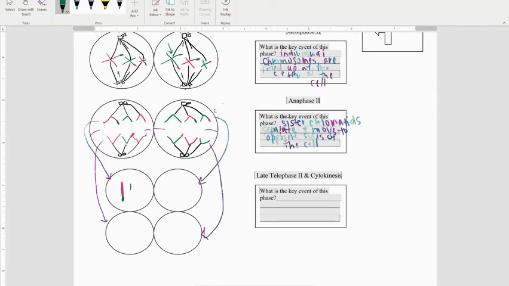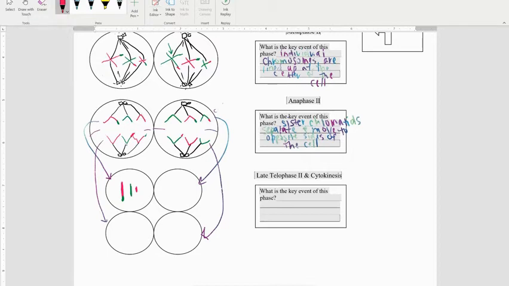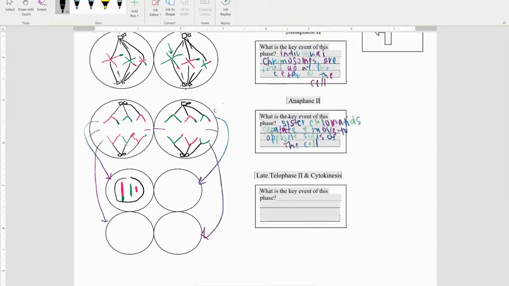Then there's a medium-ish green one, and then a smaller pink one. Then the cell membrane is going to reform. You can either draw it as a dashed line, because that's what it would be in telophase, but by the end of cytokinesis, it would be completely reformed. So I'm going to draw it all together intact, because we're showing these 2 phases combined. All right, let's do the next one.